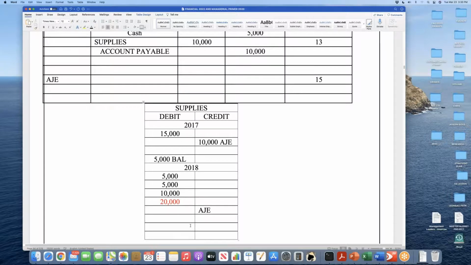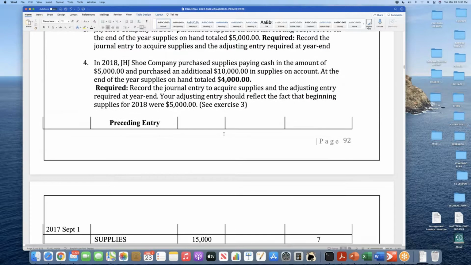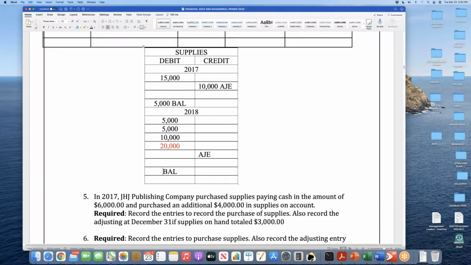And what's the balance that's in the account? What does the problem say is left at the end? Wasn't it 4,000? So then the AJE will be 16,000. 16,000.